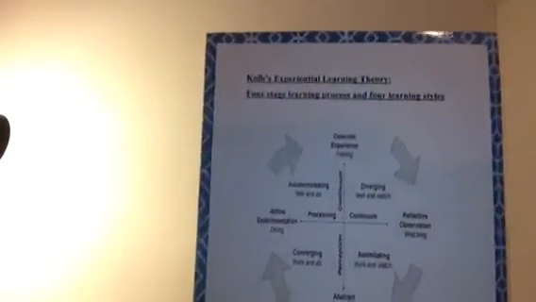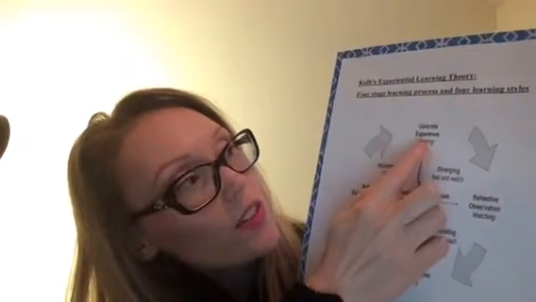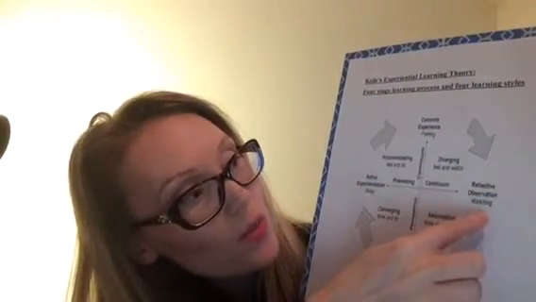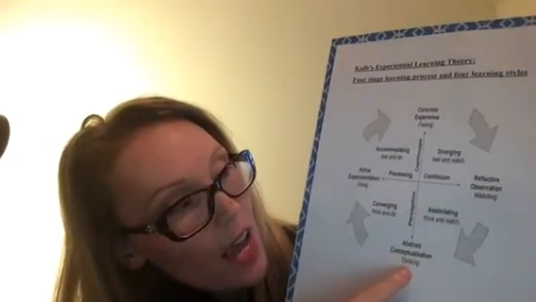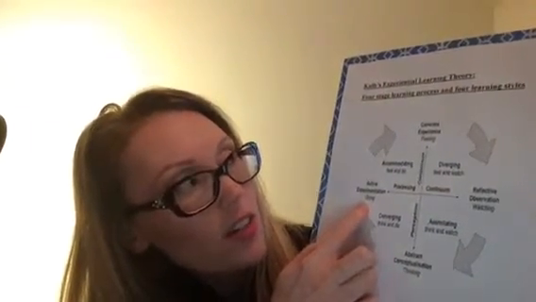So I have a diagram here that shows how the theory and the learning styles can be combined. So you can take a look at it here. There are 4 learning styles, and this is the learning process: concrete experience, reflective observation, abstract conceptualization, and active experimentation.